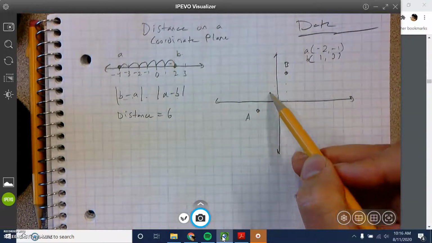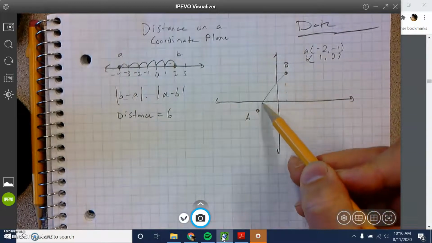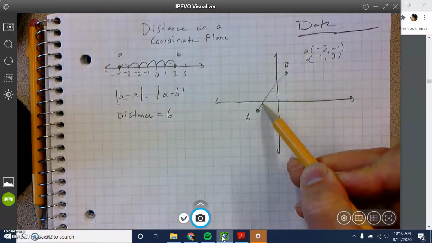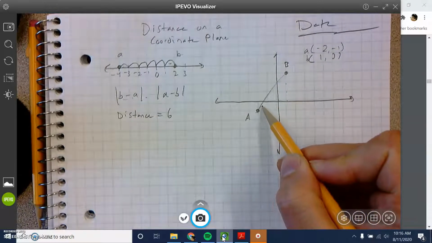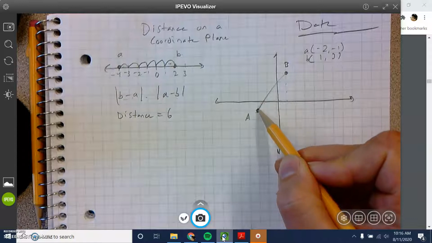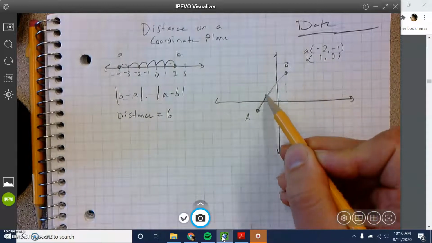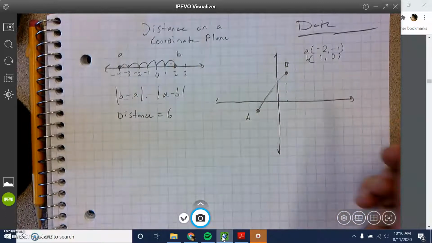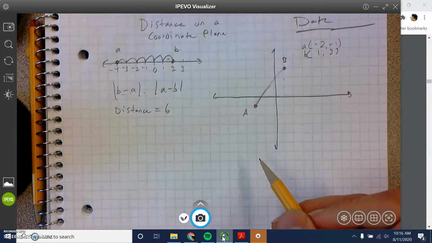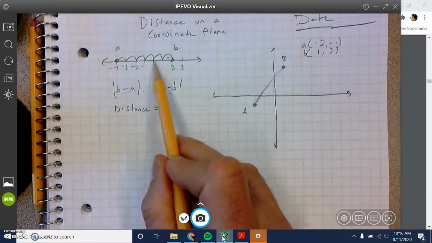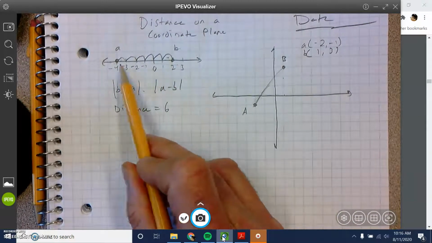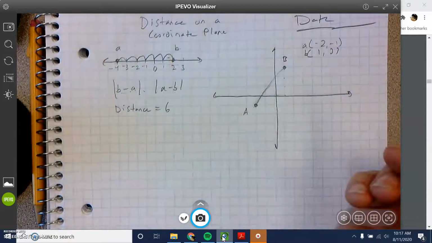So how do you find the distance between them right here? So we have a problem. What is that? Is that 1? Is that a half? Is that like 3/4? How do you count diagonally like that? Well, you can't. You can't accurately do that. But as we learned from here, you can count across horizontally, and you can count vertically very easily.